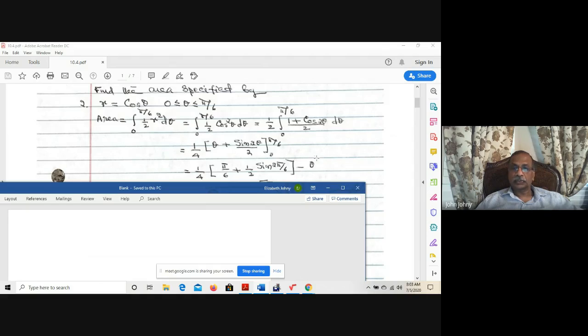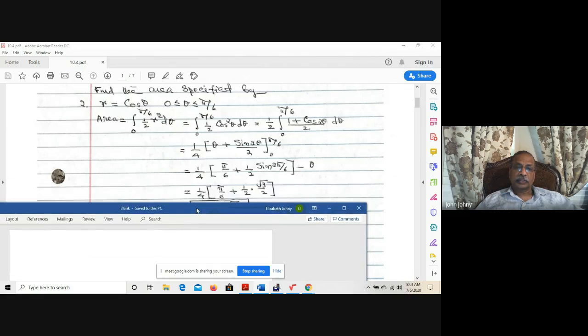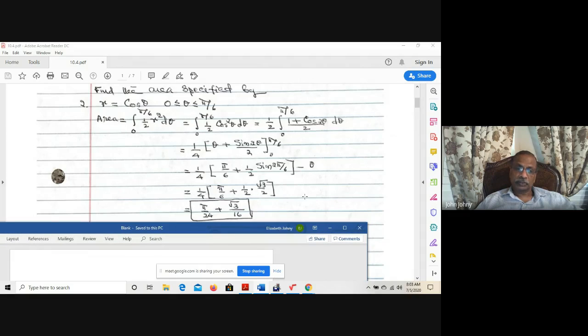Sin 0 is 0, so the lower limit gives 0. Sin pi over 3 is square root of 3 over 2. So the answer is 1/4 times (pi over 6 plus 1/2 times square root of 3 over 2). If you distribute the 1/4, you get pi over 24 plus square root of 3 over 16.